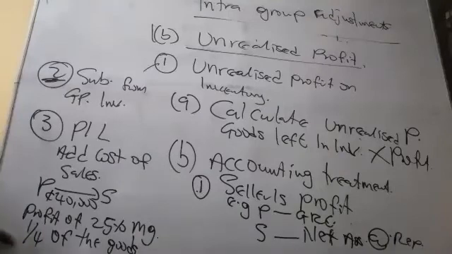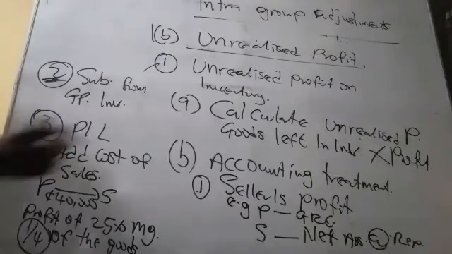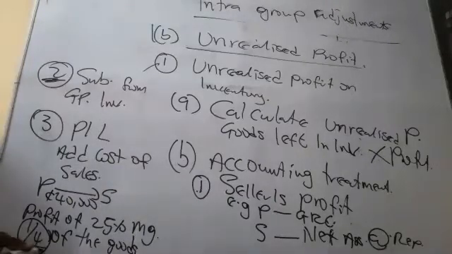If 1/4 has been passed on by the subsidiary, then it is left with how much? 3/4, right? That is the goods left in inventory, 75% of the goods.